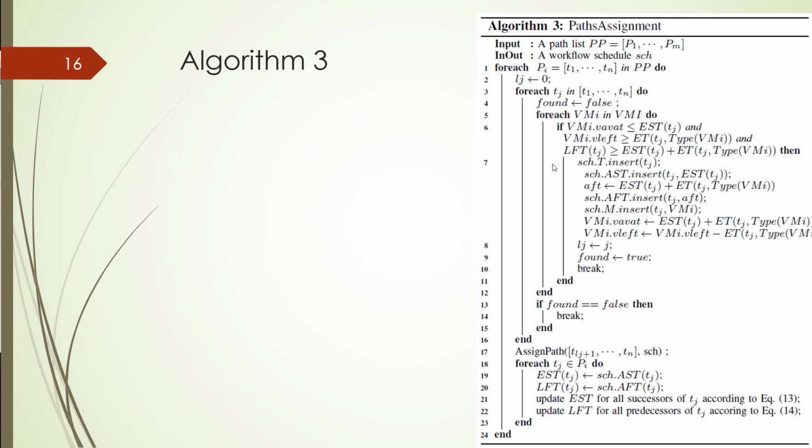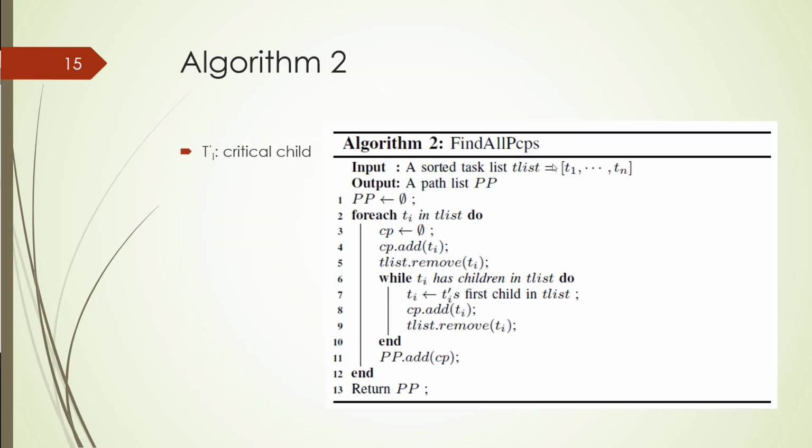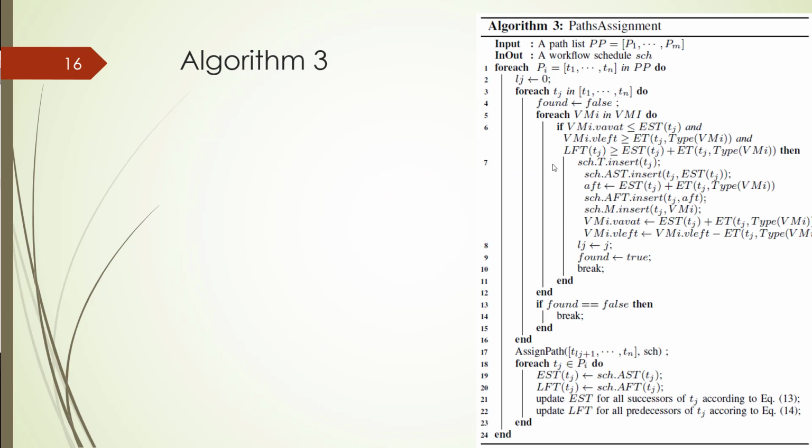Then we will update the EST for all of the successors of Tj according to the previous estimation, like 13 and 14, and we will update the LFT for that too. Again, we will have some time for tasks that remain in the Pi. So after this update, maybe we can find some other virtual machine type that exists now. Okay, let's jump into the path assignment. After that, I will go to the assign path algorithm.